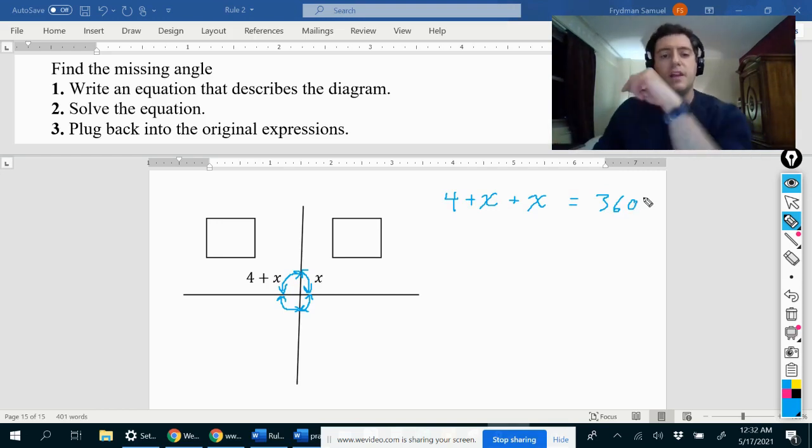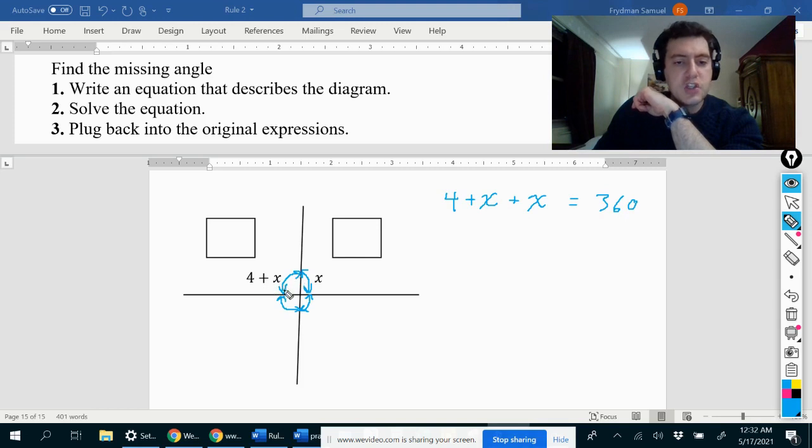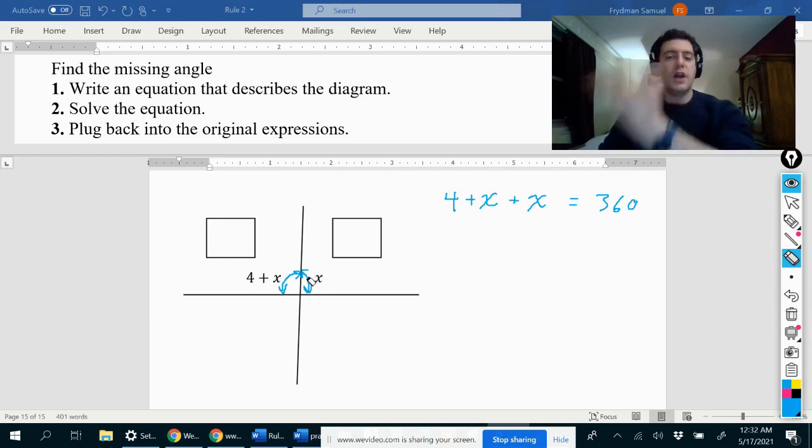The problem with that is the 4 plus x is just this angle over here, and the x is just this angle over here. So really, we just added up these two angles. We didn't add up these two angles also. So if we just put these angles into our equation, well, these two angles put together is not the full rotation.